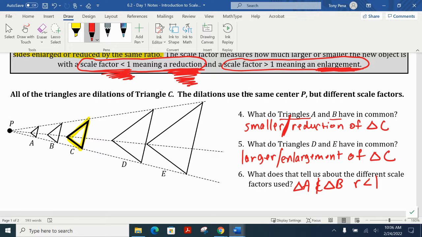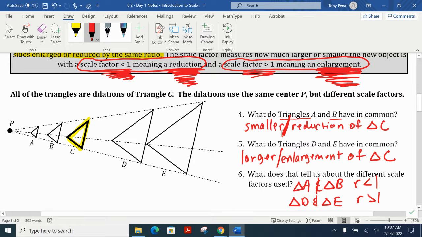And the opposite is true for the next one, for triangle D and E, the 2 that we said are enlargements, they got bigger. If it's an enlargement, then we know our scale factor must be greater than 1. So you're going to say R is greater than 1. All right. And then eventually we'll figure out what all of those are.